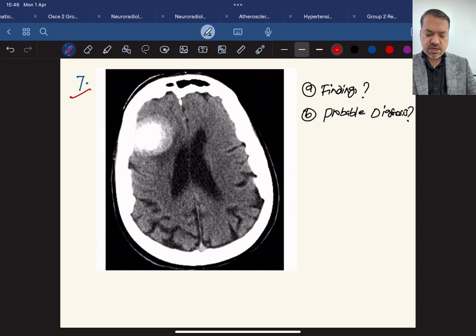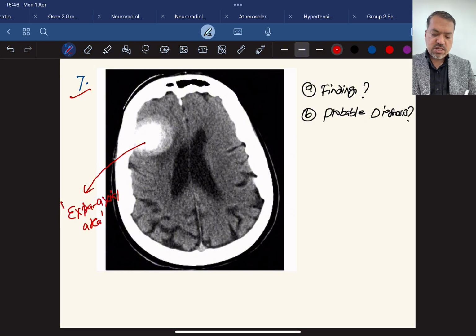You can see a lesion on the extra-axial area of the cranium, and it is going inside from the outside, and it is also causing midline shift. So most probably this type of condition is an extra-axial tumor, and one of the commonest extra-axial tumors in the cranium is called meningioma.